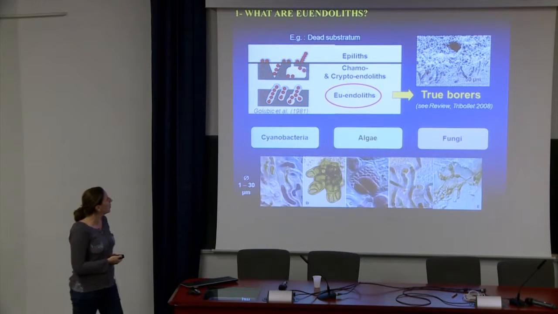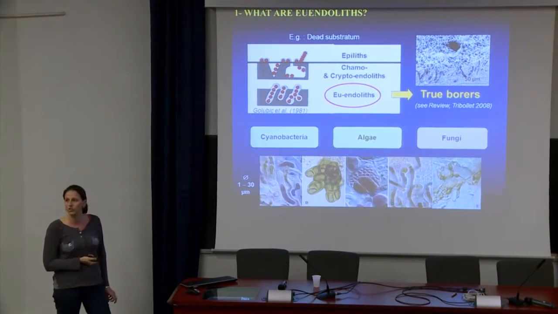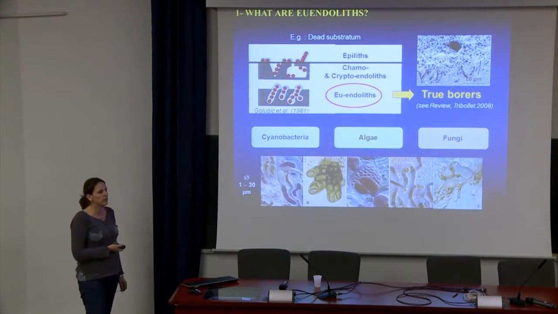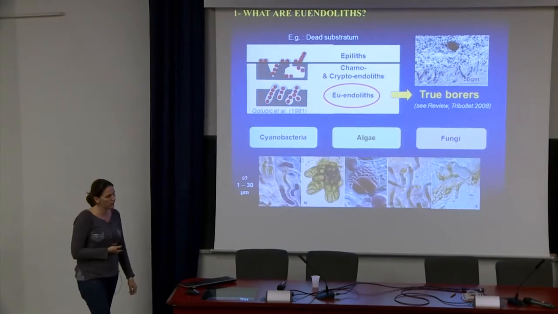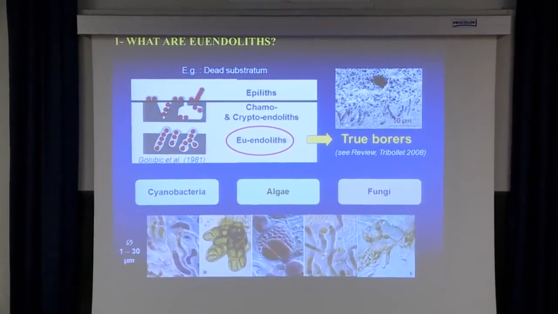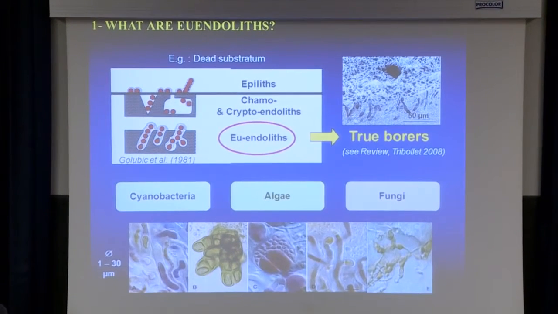Those borers comprise three different groups: cyanobacteria, algae, green and red, and fungi. They are mostly filamentous, although you can find some cellular organisms, and the filament diameter is between 1 and 30 microns on average.